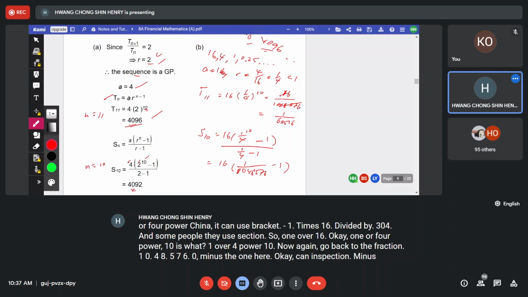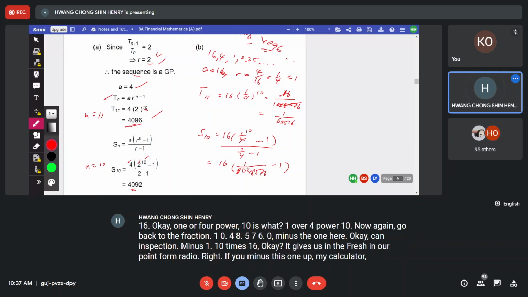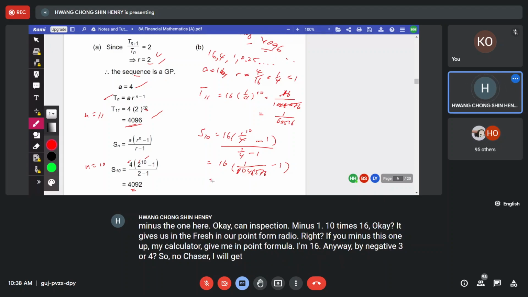Minus 1. Then times 16. Okay, it gives us in the point form already. If you minus this one, my calculator gives me in point form, times 16. Then you divide by negative 304. So no choice, I will get here 21.33. It gives me in the point form already.